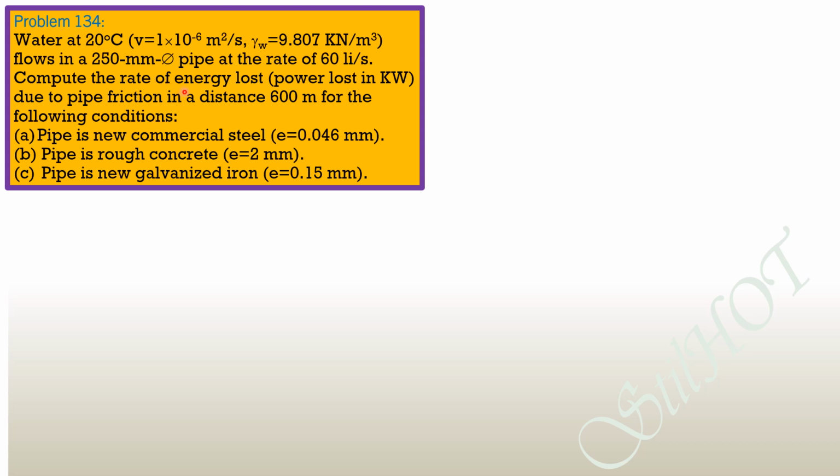Then the power loss or rate of energy lost is equal to weight flow rate Q times specific weight times the head loss. So for our solution, let's set up the formula for power loss as weight flow rate Q times specific weight of water times head loss due to pipe friction. And this is by the Darcy-Weisbach formula, f L over D times velocity head.